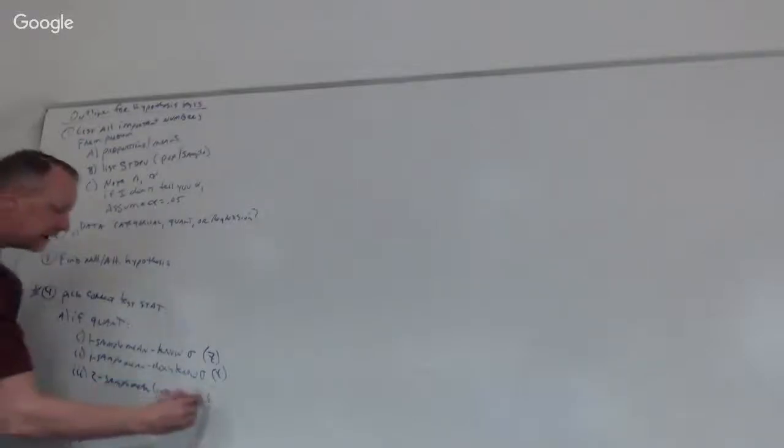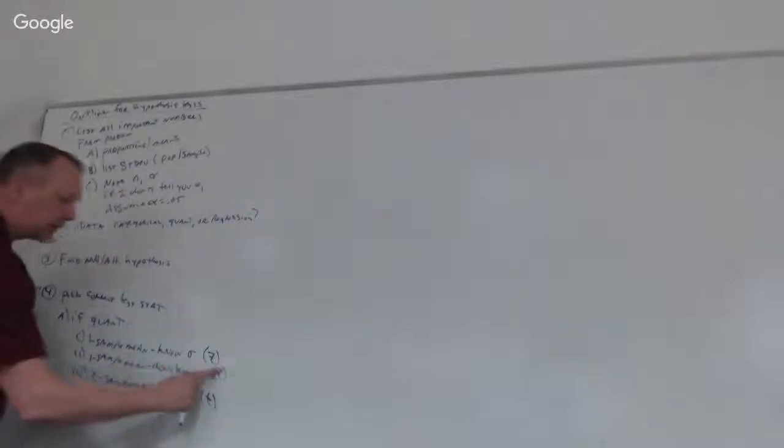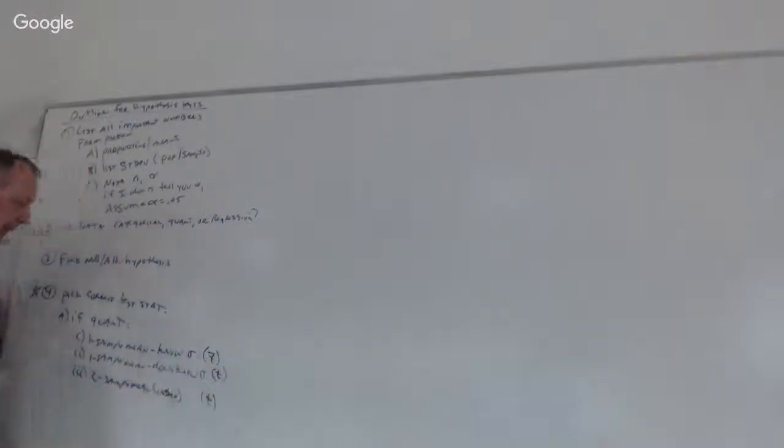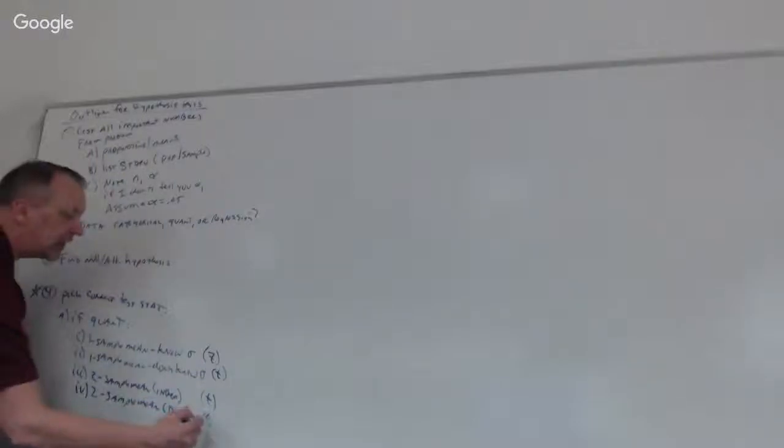In that case, it's going to be a t distribution. Number 4 is going to be a 2 sample mean, but this time it's going to be dependent. It's also a t, but it's going to be a different equation. I'm not going to give you the equation today.